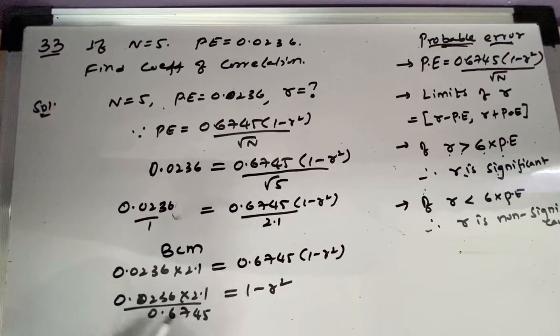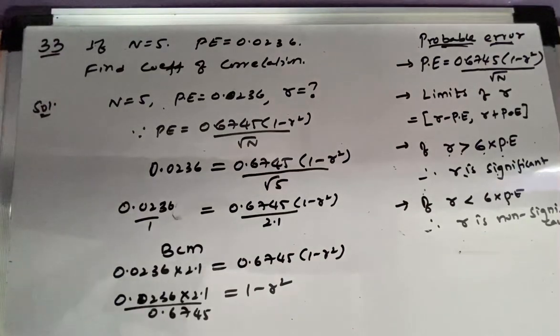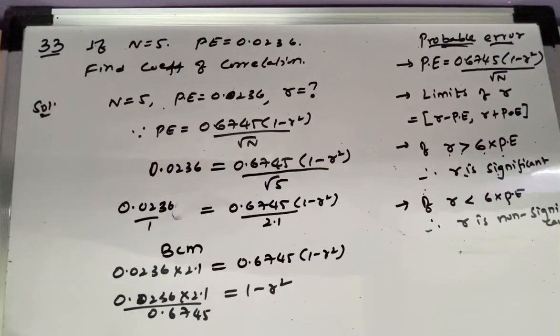Now if we calculate this, we have to use a calculator for this one. 0.0236 into 2.1 divided by 0.6745.